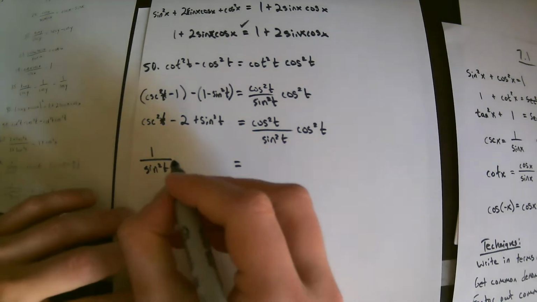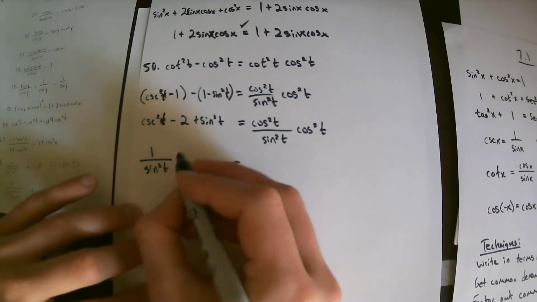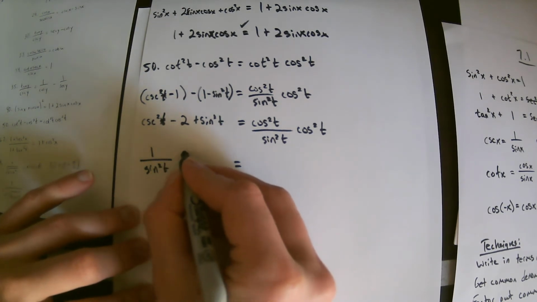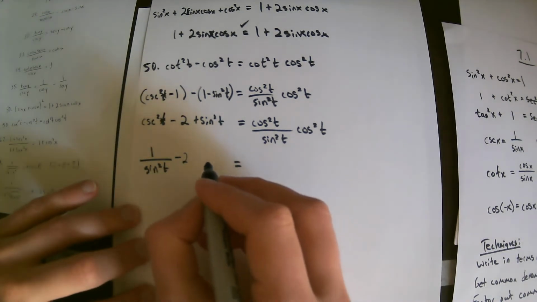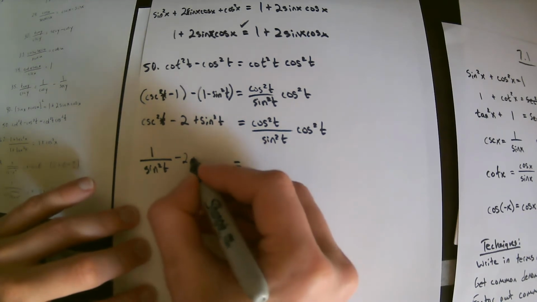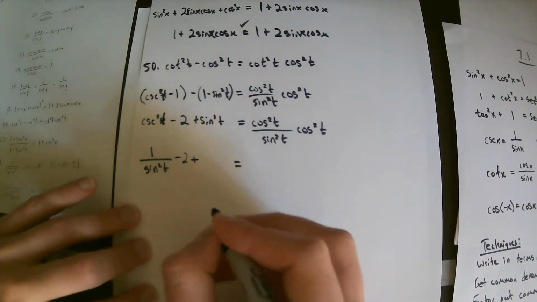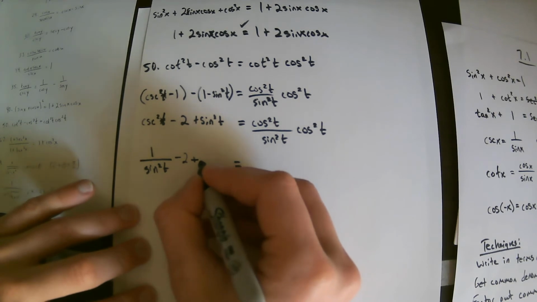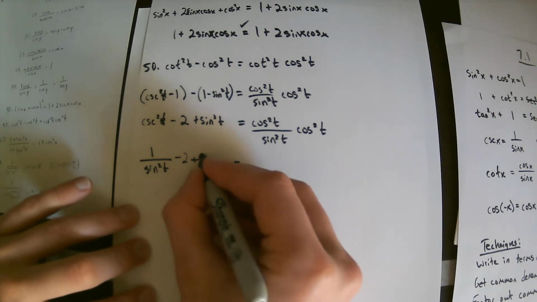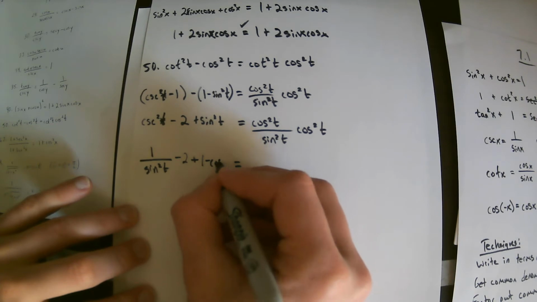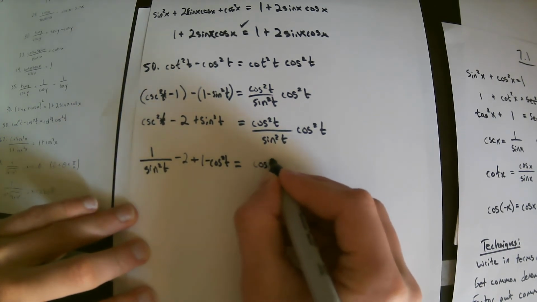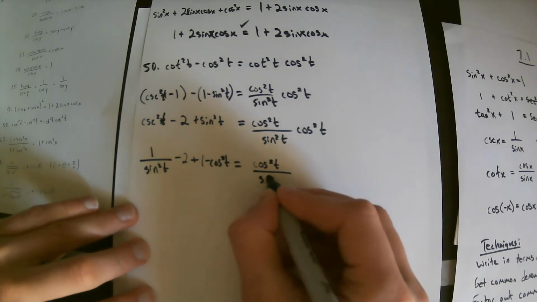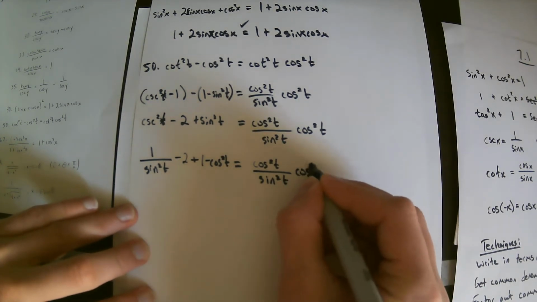Okay, so let's just keep going. We've got minus 2 plus sine squared. But sine squared of t is equal to 1 minus cosine squared t. Over here, I'm still just leaving this alone: cosine squared over sine squared times cosine squared.